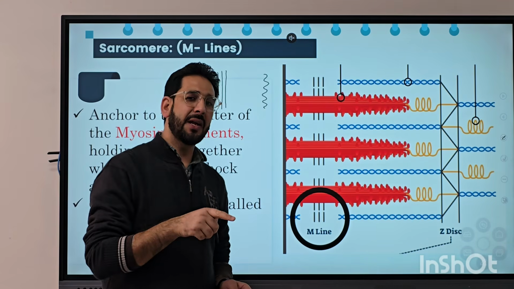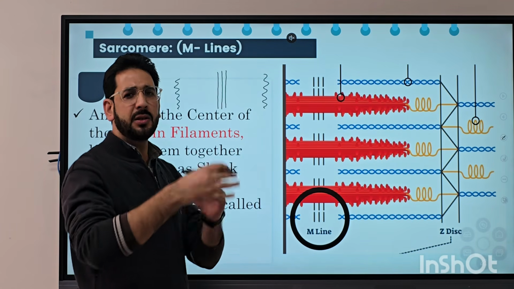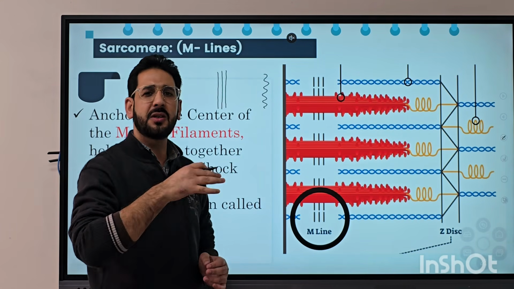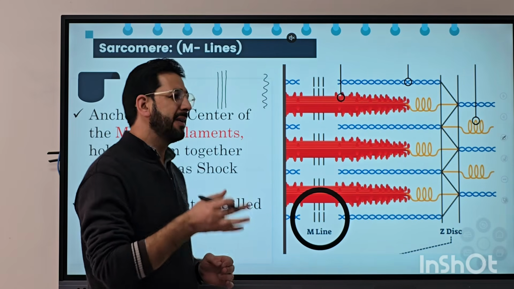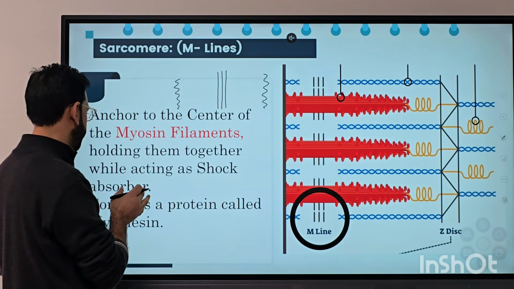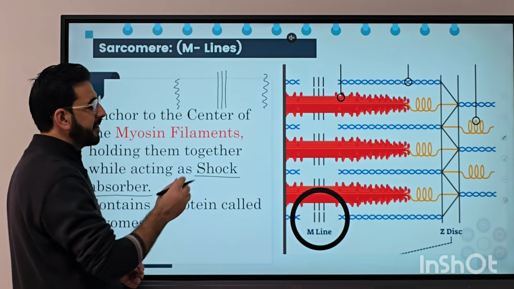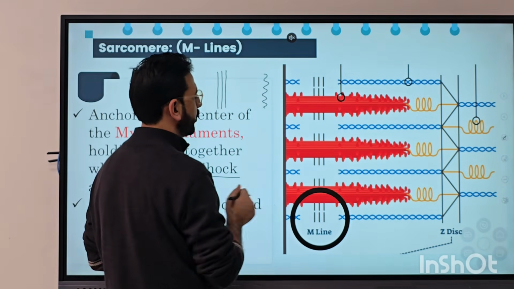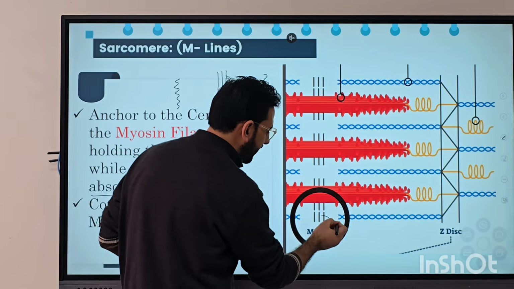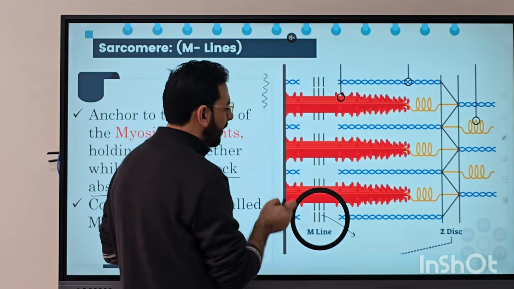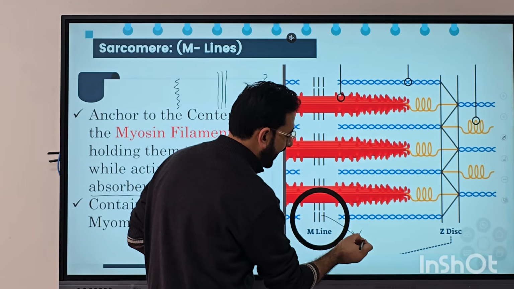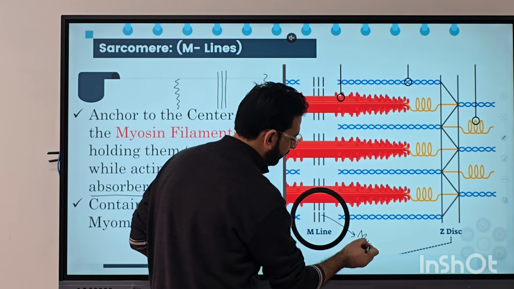And this M line holds all the myosin molecules or myosin filaments together, and they act as a shock absorber. Okay, this M line is present in the middle of the sarcomere, and it is made up of proteins. Most important protein present there is the myomesin.